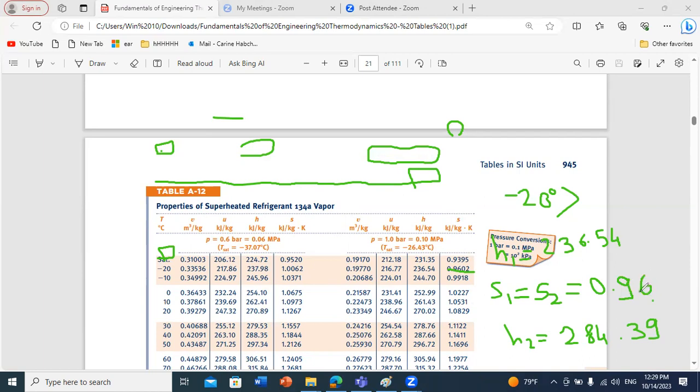Because if it's isentropic, can you tell me if the temperature will be smaller or larger? Who can tell me?